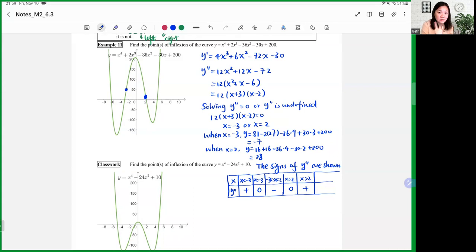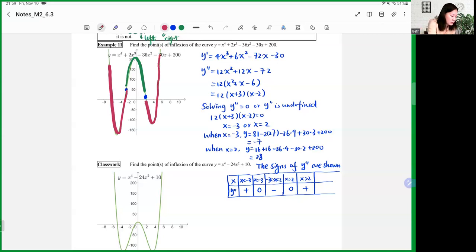And then from that, you can think about the concavity, because on the left of -3, I have concave up. So you can see the whole thing is concave up. And this thing is concave down. Between is concave down. And then to the right is concave up again.